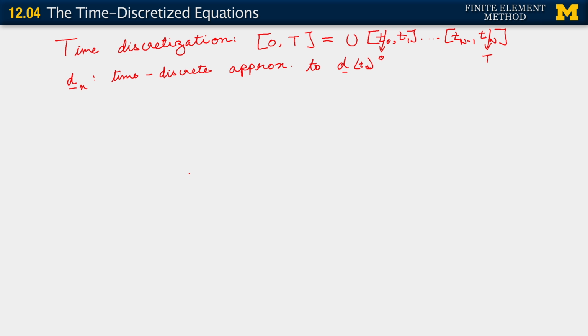Okay, just as we did for the parabolic problem. And then we get our time discretized discrete matrix vector equation.